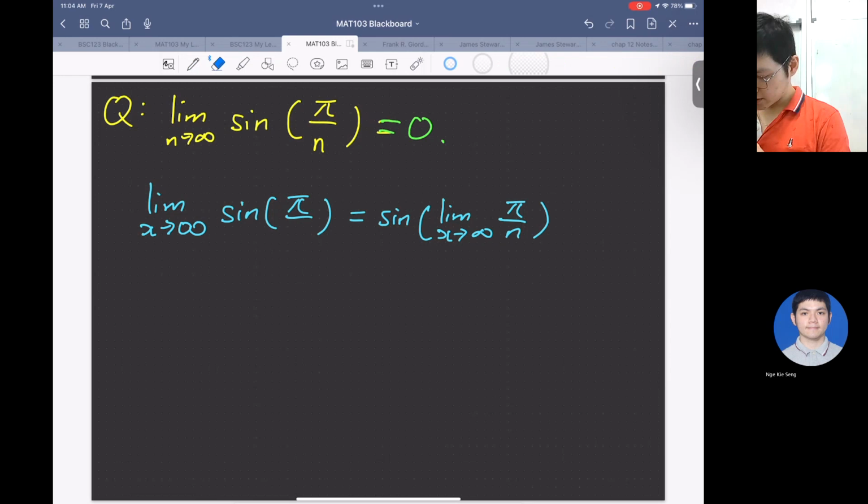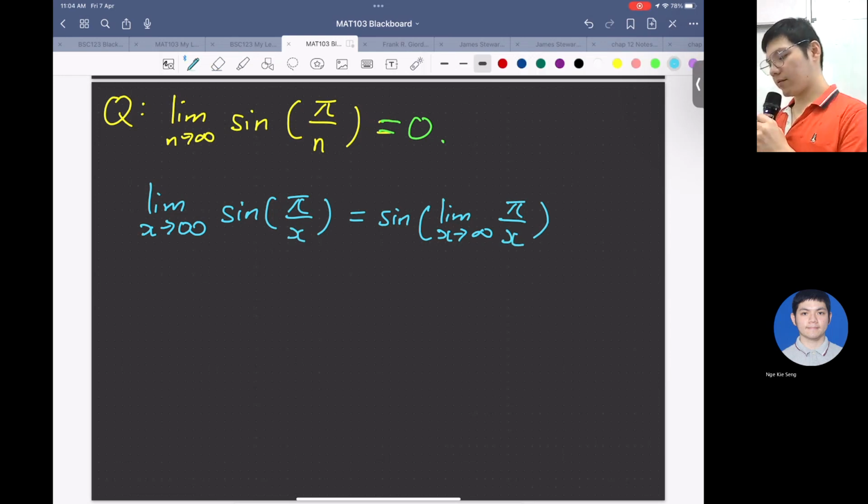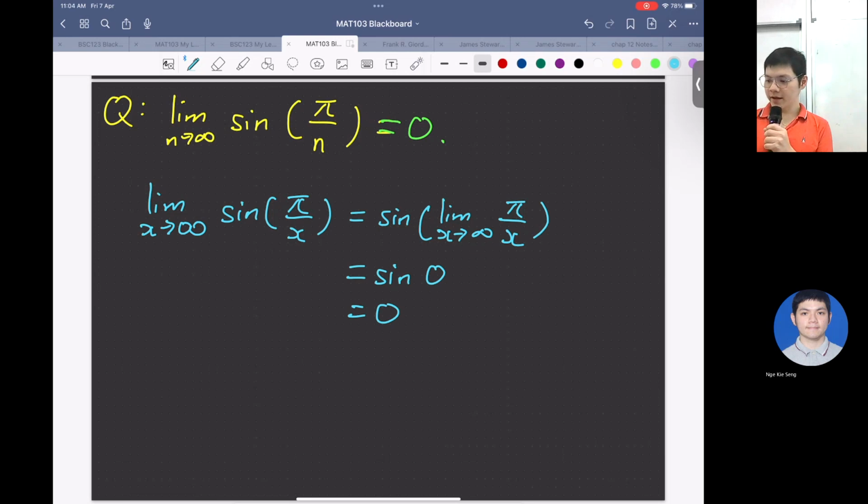Sorry, I should change this to x first. Pi over infinity is 0, so you get sine 0, which is 0. And actually, there's a faster way we can skip this. But let me finish this first. Since this is 0, it implies that the discrete version of the function also has limit 0.